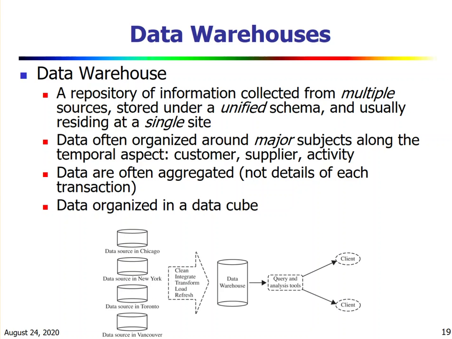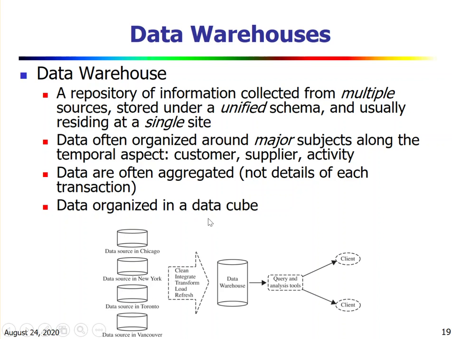Those data are aggregated, not like transactional databases. The data may be sales in a quarter, so data is often organized along the temporal aspect and aggregated. So we don't actually care about individual transactions. We don't care whether Hong purchased a pair of glasses. We care how many pairs of glasses were purchased during a certain amount of time by what kind of customers.